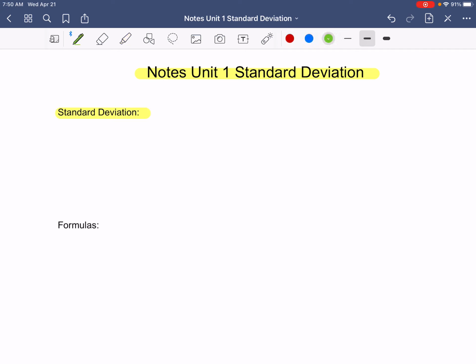So first let's talk about what standard deviation is. I mentioned it in the last set of notes, but it's just a measure of how spread out your data is from the mean.